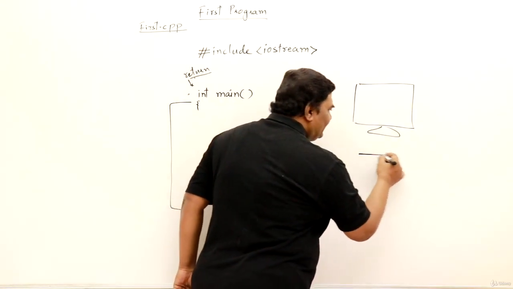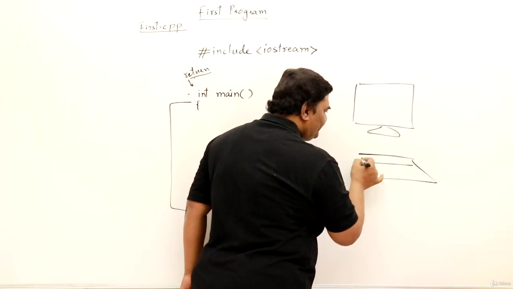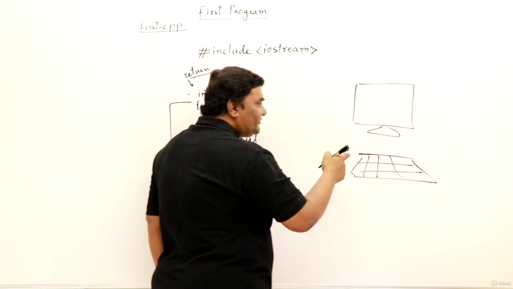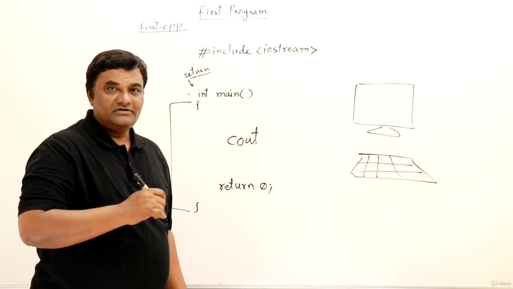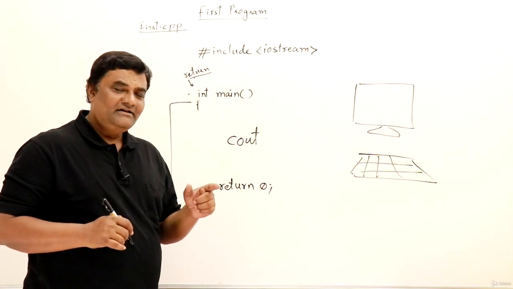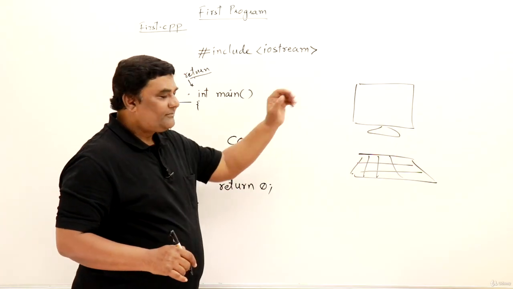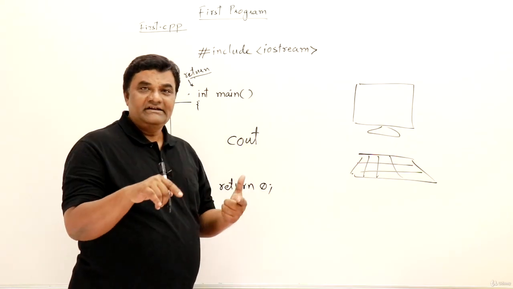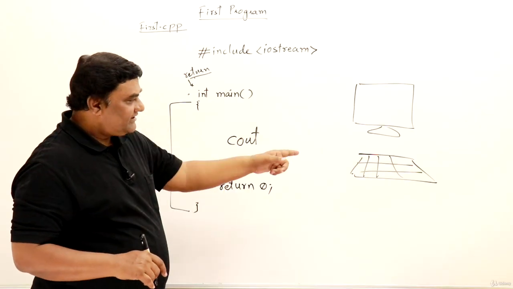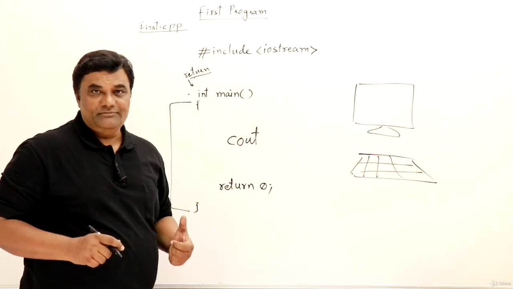Then there is the keyboard that is useful for taking input, right? So this is the input console. So cout is for the monitor, console out, and cin is console in for the keyboard, that is taking any input from the keyboard.